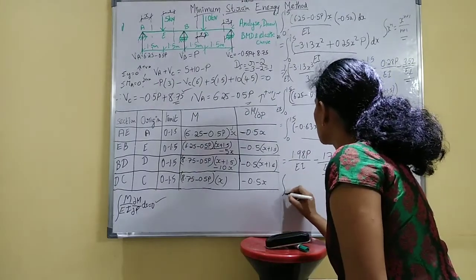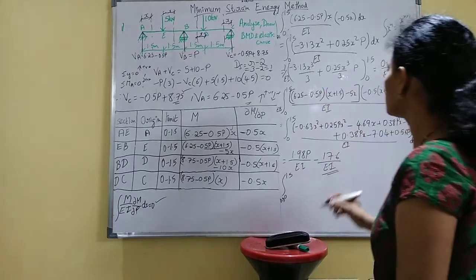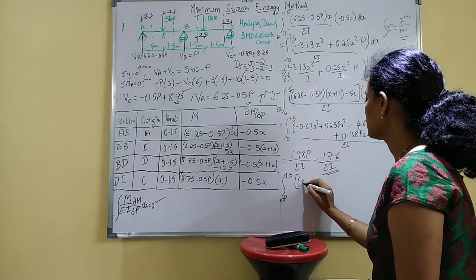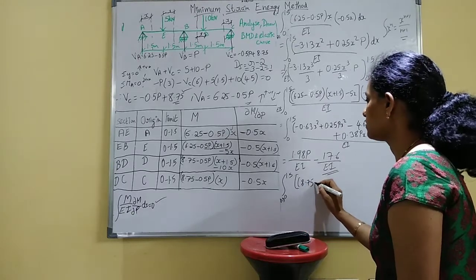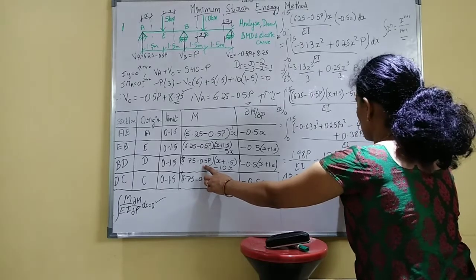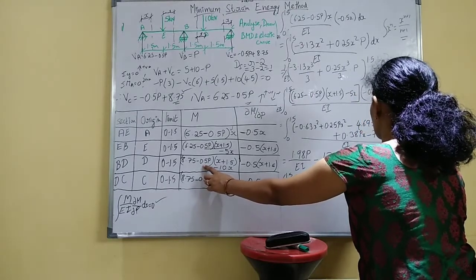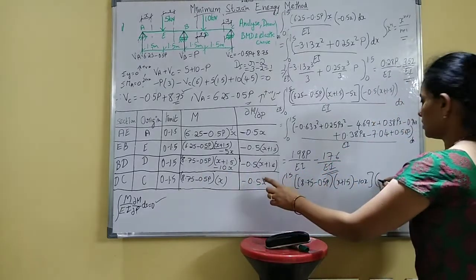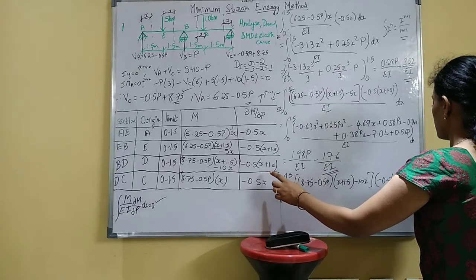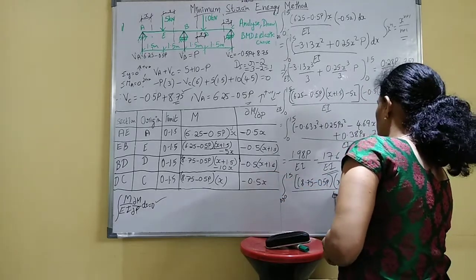Next for section BD, it is almost similar. You have 8.75 minus 0.5 times P x plus 1.5 minus 10x, and this minus 0.5 into x plus 1.5 dx divided by EI.